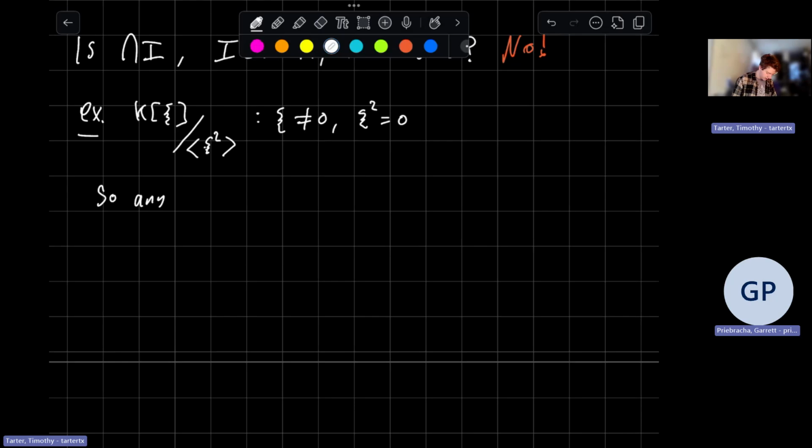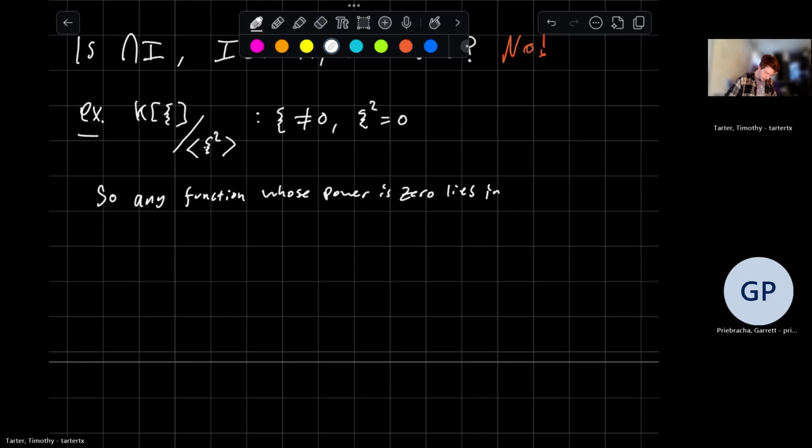So, epsilon lies in the intersection of all prime ideals.